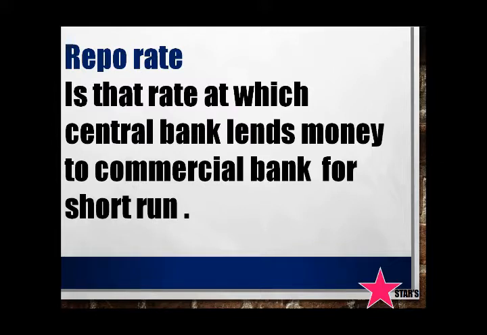To correct the situation of deficit demand or deflationary gap, repo rate is lowered. Therefore, commercial banks also reduce the rate of interest. This increases demand for credit. Therefore, aggregate demand will also rise and deficit demand will be corrected. So this was all about repo rate.